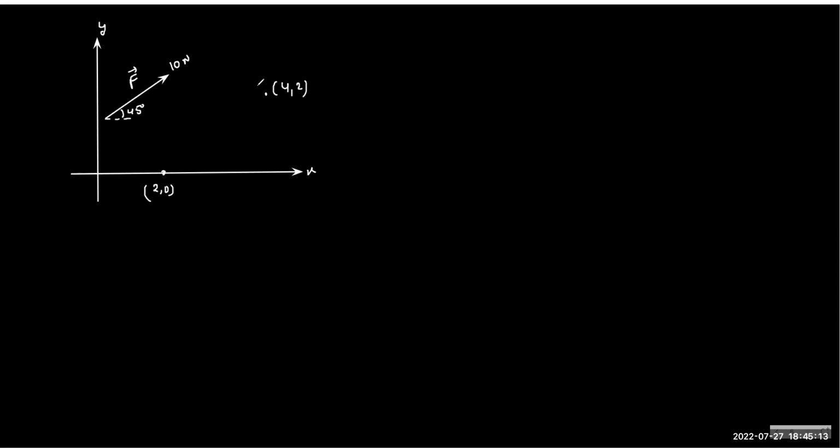So this is the final destination, and this is the initial. I haven't shown how the force is acting, just that it acts at 45 degrees with the horizontal. And the body is going along this force, or due to this force.